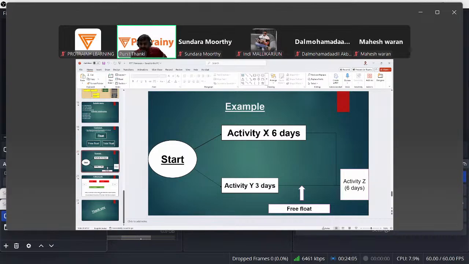Ultimately, activity Z is a successor activity, whereas activity X and activity Y are predecessor activities. That much delay does not directly affect the project completion or the successor activity. So this is called free float in terms of project management. Are you getting me clear?